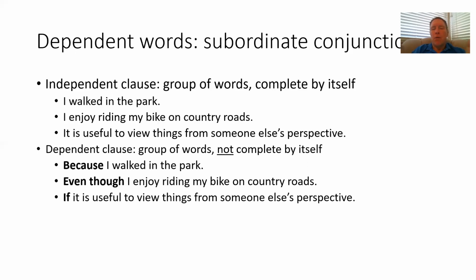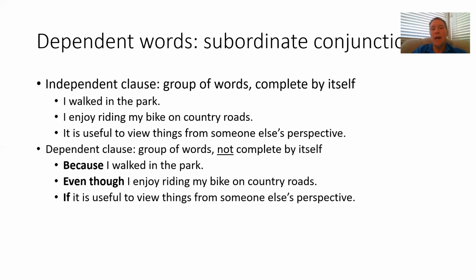And if I put one of these dependent words at the beginning of a clause, it'll make that clause dependent, or not complete by itself, which is not necessarily a problem. It's really useful to use these dependent clauses, but just to be able to recognize that's the case. Putting these words at the beginning make it dependent clauses.